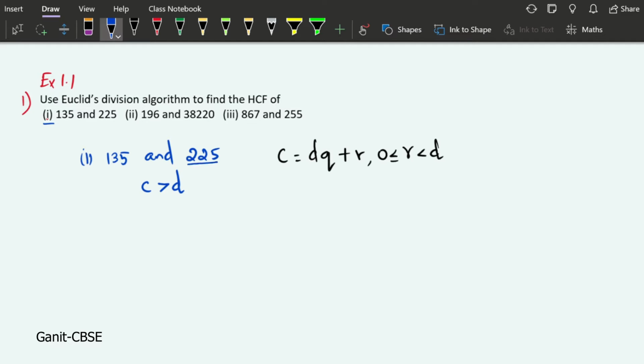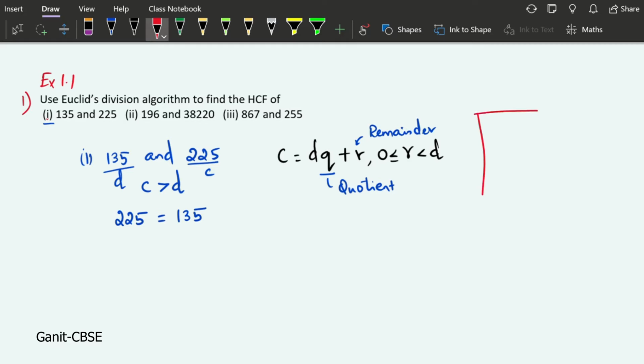So let us take c as 225 and d as 135. So 225 should be written on the left hand side, d is 135, and we know that q is the quotient and r is the remainder. To get the quotient and remainder, we can follow the long division method. So I'm going to divide 225 by 135.